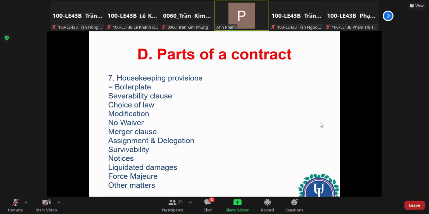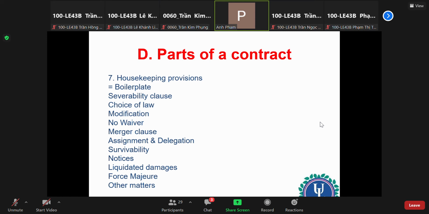The parties may agree, in case of assignments, if one party wants to assign the rights of this contract to another party, or delegate the obligations under the contract to another party, what the procedures should be, or whether that action is allowable or not. Usually, for assignment of a right, there is no issue.